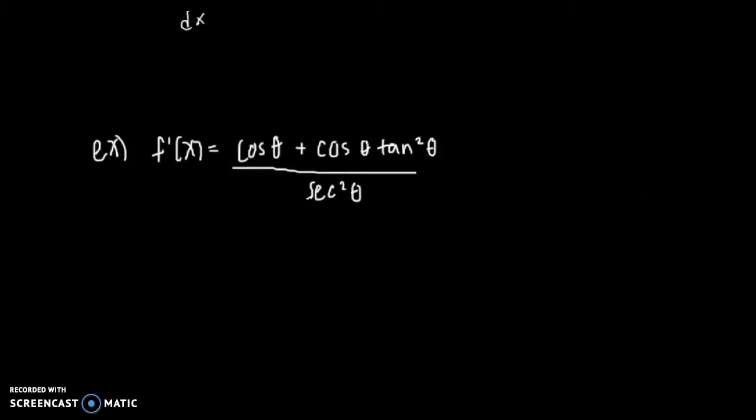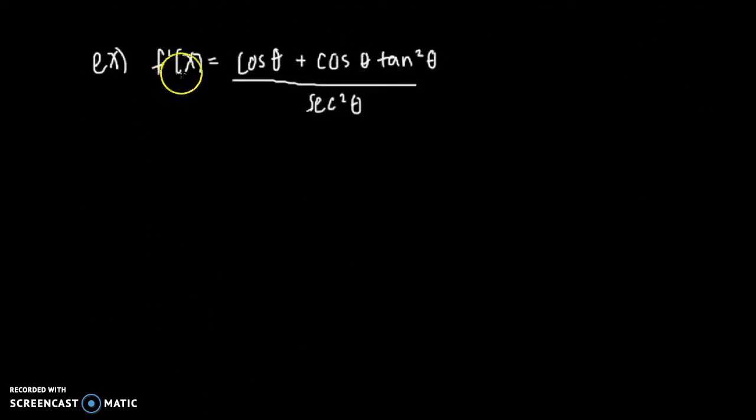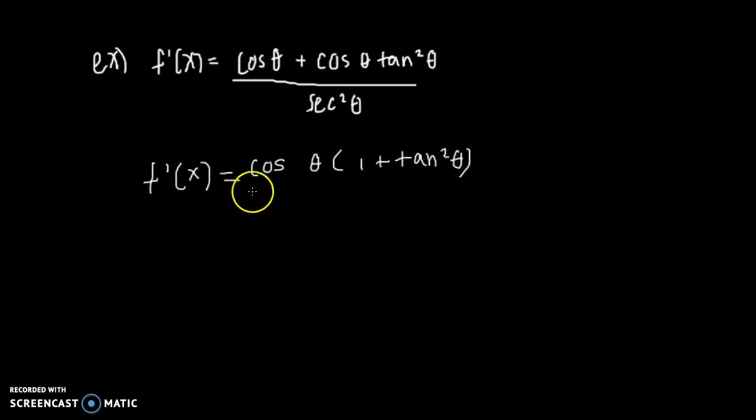So we're just going to apply this to a question. We're given that f prime of x equals cosine theta plus cosine theta times tangent squared theta all over secant squared theta. So I'm just going to pull out cosine theta. So it's 1 plus tangent squared theta all over secant squared theta.